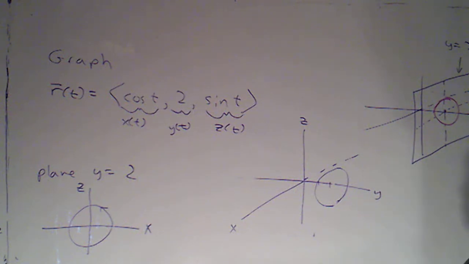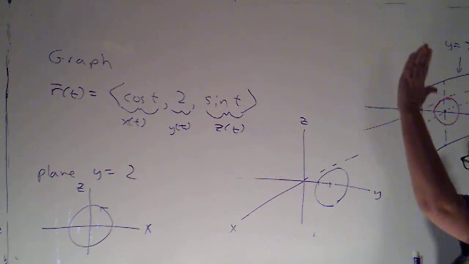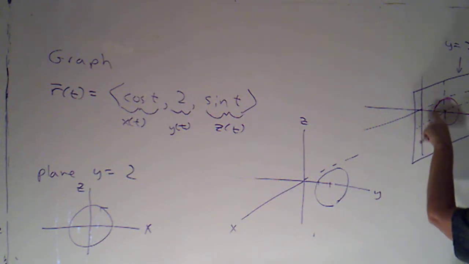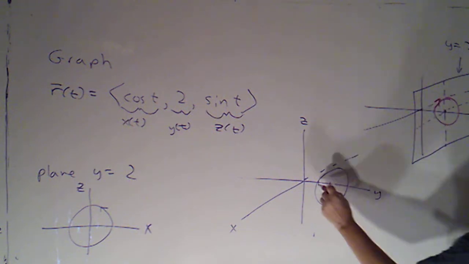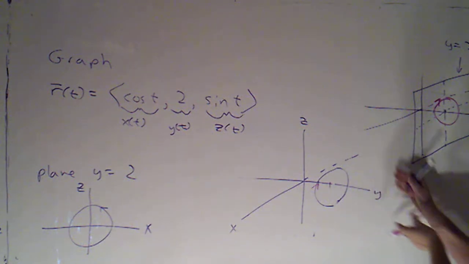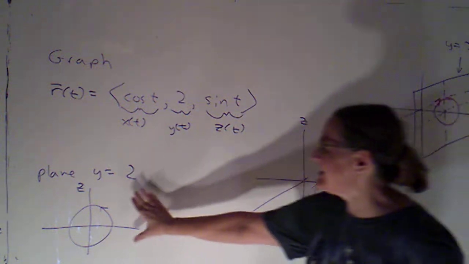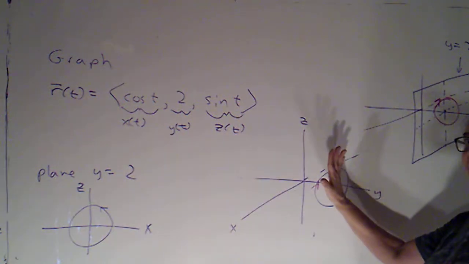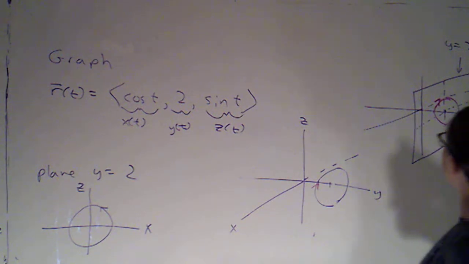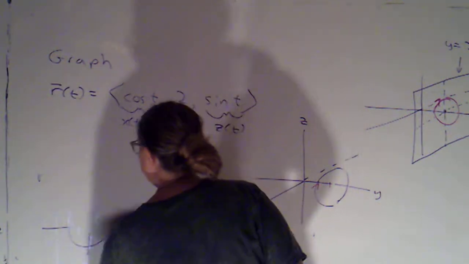Now in 3 space, x being positive is forward and z being positive is up. So I'm starting forward and moving up. So it would be looking something like this. It almost looks clockwise, but it's actually this picture just put on this plane when I lift that into 3 space. Okay, excellent.